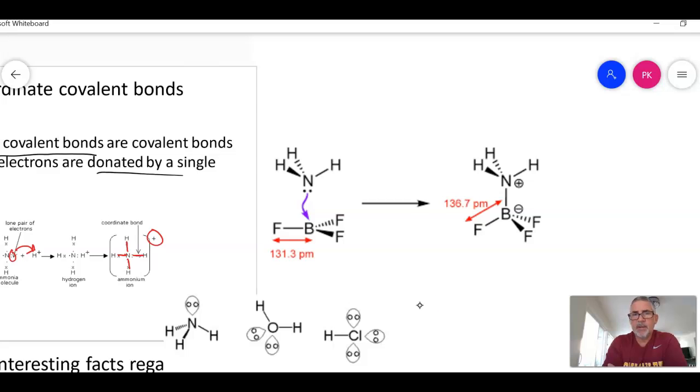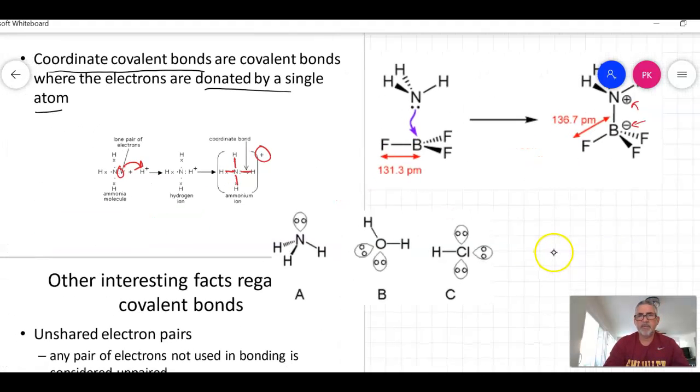Now, boron is one of the exceptions to the octet rule because it's a metalloid, right? So it really only wants 6 electrons in the middle, right? But it will reach octet and have an overall negative charge, making the ammonia overall positive. So they'll cancel each other out essentially, right? And then I'll make that structure. But that's another example of a coordinate covalent bond.